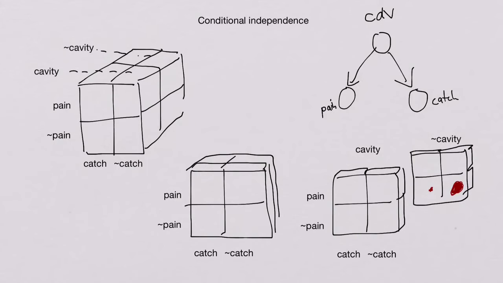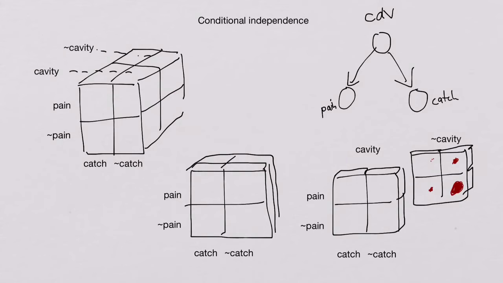And then there's also not many people who don't have a cavity and will be in pain. They could be in pain for some other reasons. And finally, there's going to be pretty much nobody, a very minuscule amount of people, who will not have a cavity but will have both pain and the dentist tool catching.